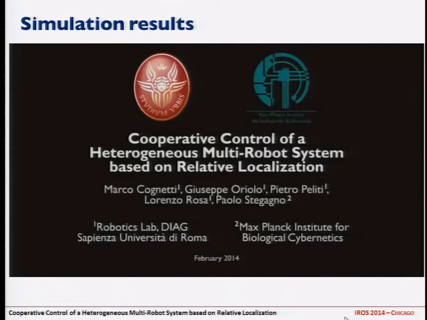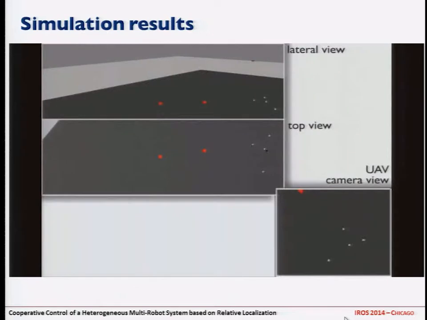In the piece of the video that I want to show now, at the beginning the ground robots will move in a random way to favor the localization system, so to recover the identity of the UGVs. When the convergence is reached, we move toward a given direction, but an obstacle appears. So thanks to the obstacle avoidance term, they will avoid the obstacle while the UGVs take care of the primary task.